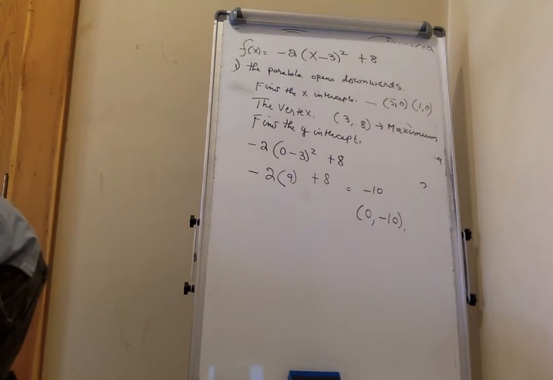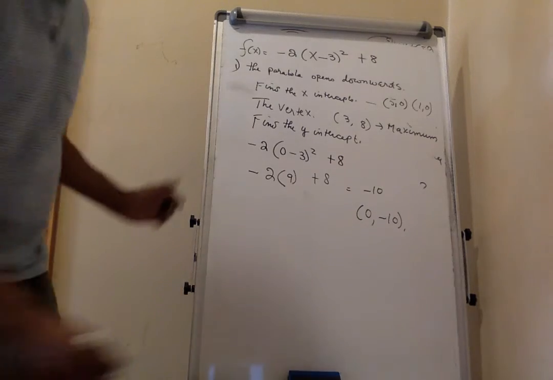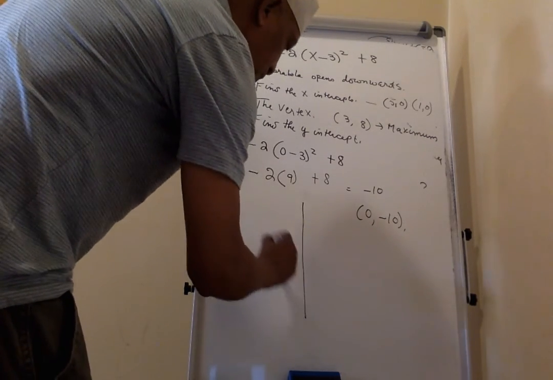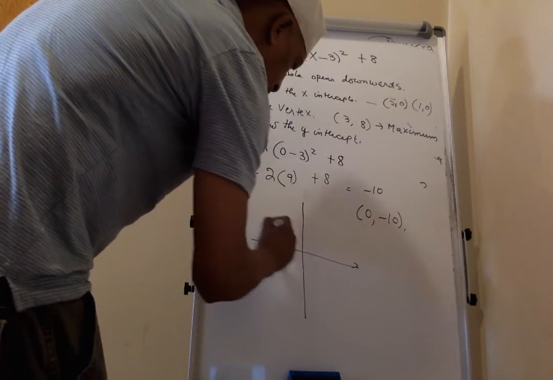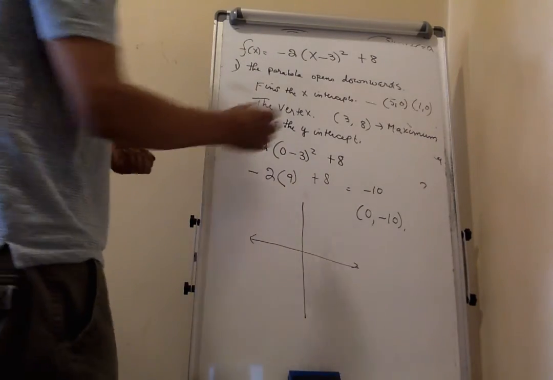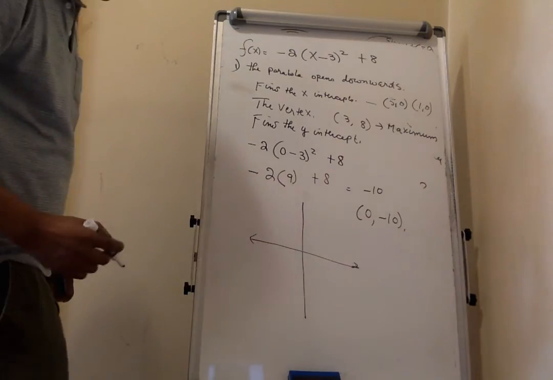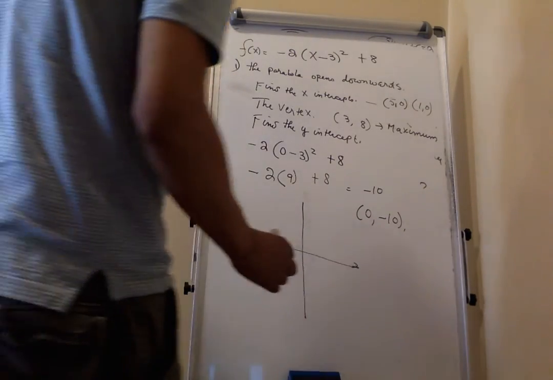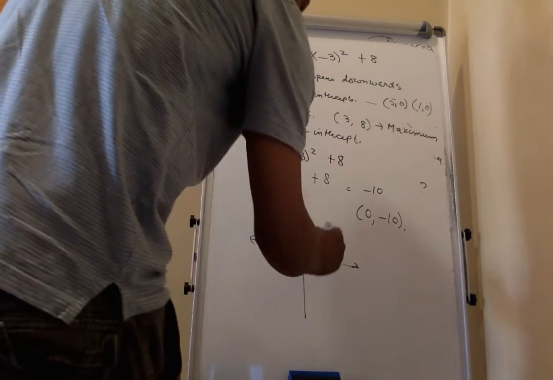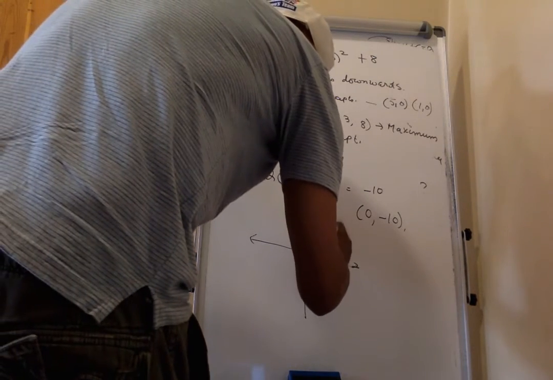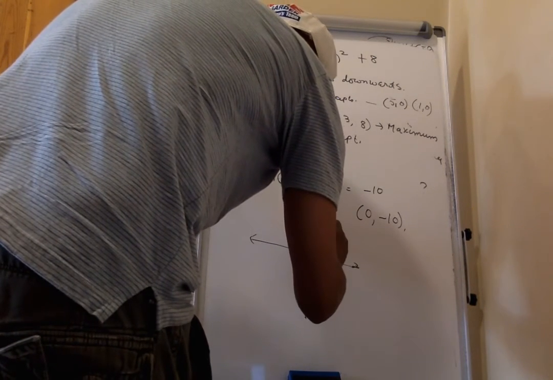Then you are ready to draw the graph. You know it is a parabola opening down. The vertex, so you have what? 5, 0, and 1 and 0.